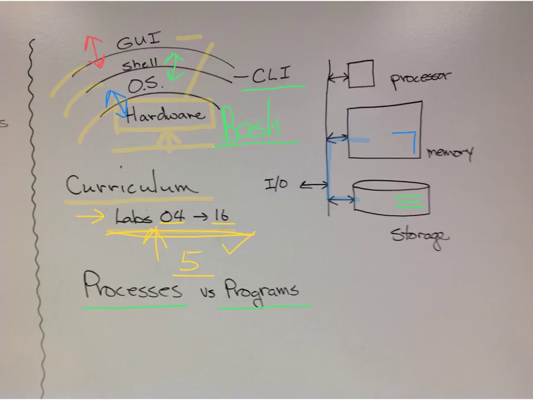Then we have it stored here in memory. And when it's in memory and ready to execute, that's what we consider the process. Of course, the process then communicates with the processor, and the OS manages that communication.